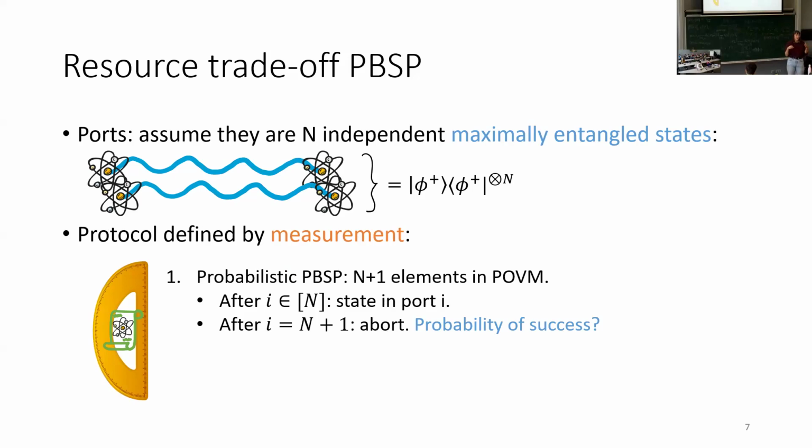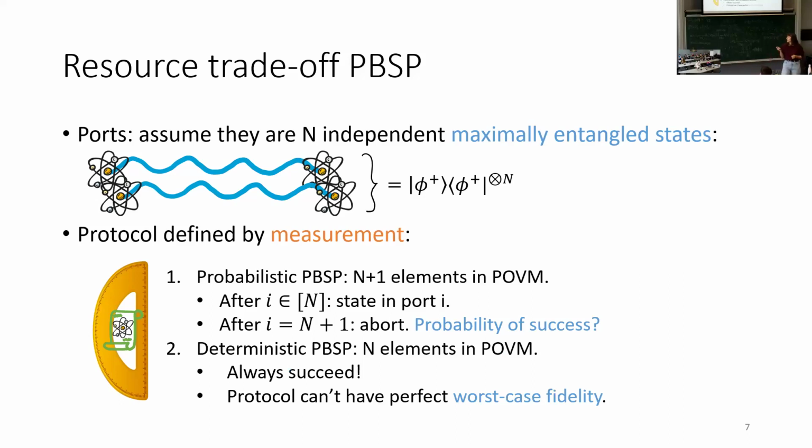So either after the measurement the state is in one of the ports or it's nowhere. If it's nowhere, Alice just tells Bob it's nowhere, and the protocol hasn't succeeded. The figure of merit in this case is the probability of succeeding, so the probability of not having outcome n+1, the outcome of not finding the qubit.